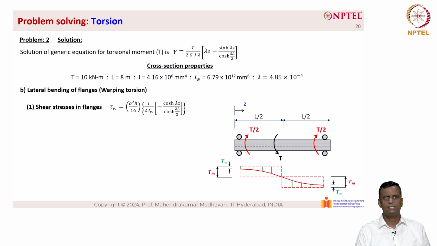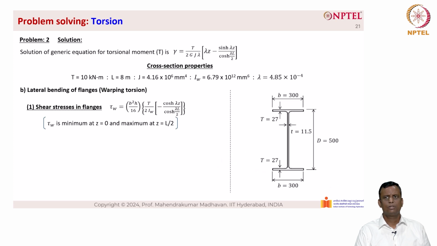You can see that the shear stress in the flanges is given as τw. Basically τw is minimum at the edges and maximum at the midspan. So τw is minimum at z equal to 0 and maximum at z equal to L by 2. Now let us substitute τw at z equal to 0.